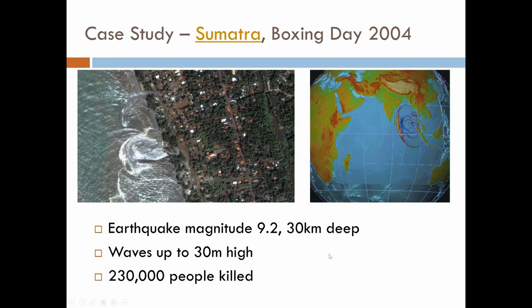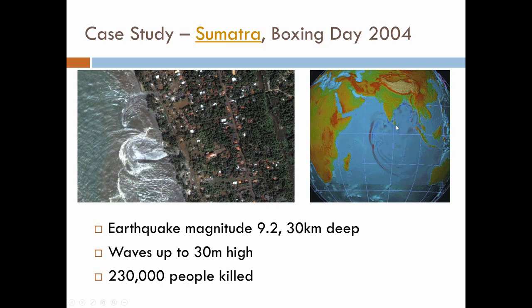So on Boxing Day 2004, there was a tsunami in Indonesia, in Sumatra. Yes, you can look up that video if you want to as well. Some of those videos that came out of Sumatra are quite disturbing. You see people who are definitely going to die. That's not nice. So this is where it happened. We can see that Bangladesh and India got smashed.